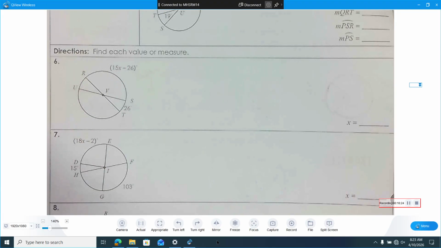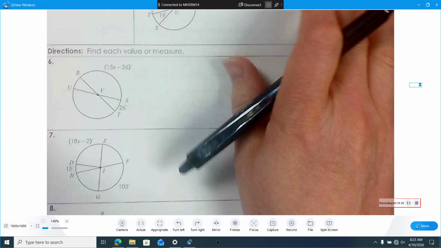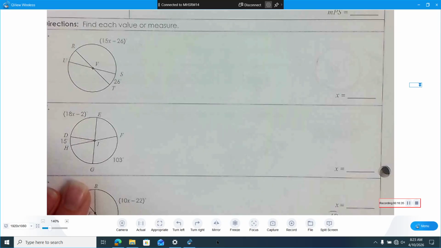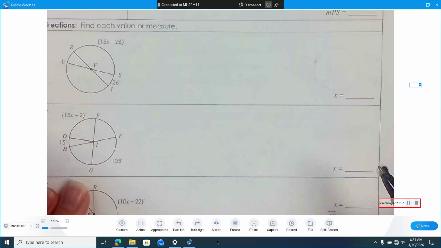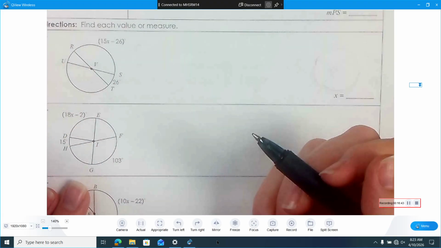All right. So finding each measure, writing equations. Here we go. Let's look at number 7. We want to look carefully here at number 7. Pay attention to the numbers that they've given us.